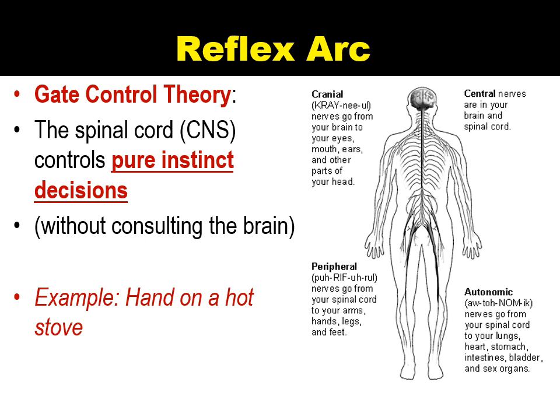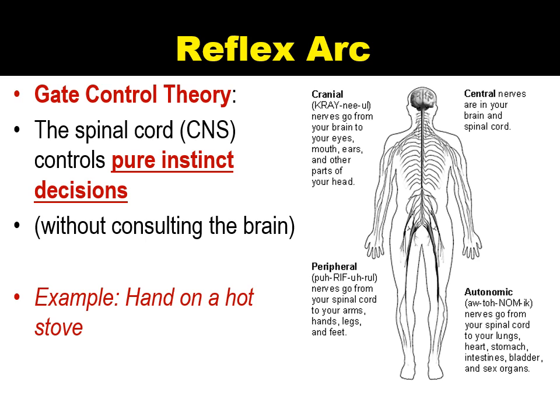In the spinal cord in the central nervous system, sometimes we can control our muscles by pure instinct without having to consult the brain for major decisions. Again, if you have an accident, a wall is coming down, we're in an earthquake, you've been in a car accident, your hand is on a hot stove. If you're in a serious situation, the gate control theory and reflex arc are going to take over.